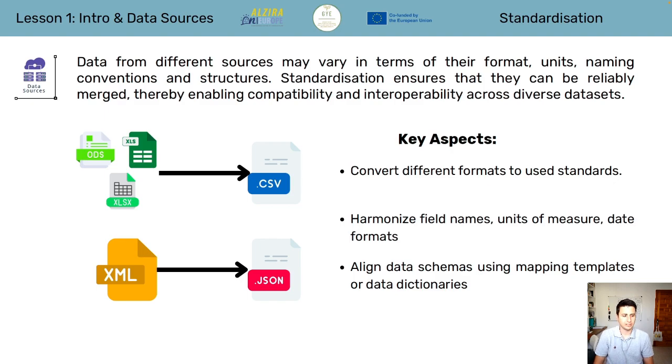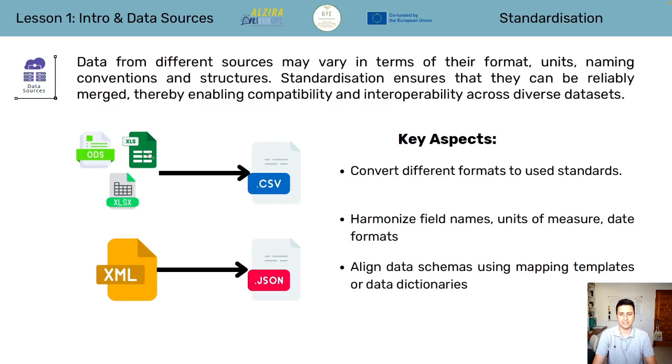Well, one of the steps which is critical is to standardize the formats, okay, and to have some homogeneity in data structures, because sometimes we will face spreadsheets or documents from Excel or OpenOffice or different.